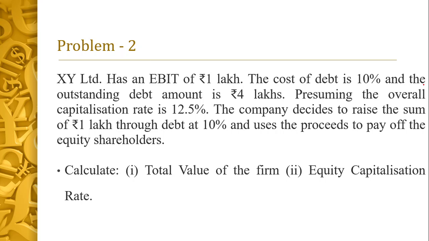Presuming the overall capitalization rate is 12.5%, the company decides to raise the sum of rupees 1 lakh through debt at 10% and uses the proceeds to pay off the equity shareholders. Calculate the total value of the firm and equity capitalization rate.